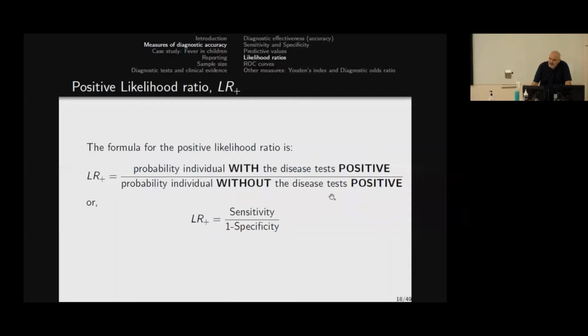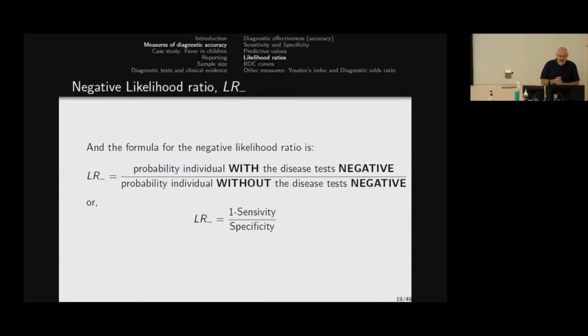So in other words, it's a measurement of odds. The probability that you have a positive test and you have the disease over the probability you have a positive test and you don't have the disease. So true positives over false positives, in other words.